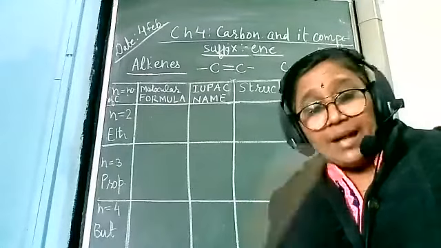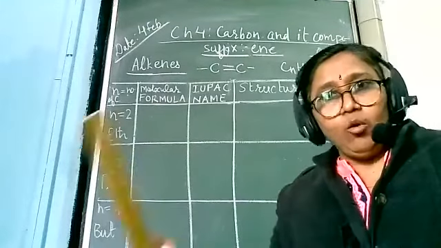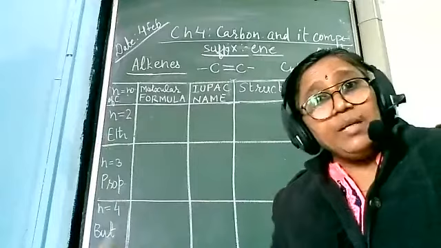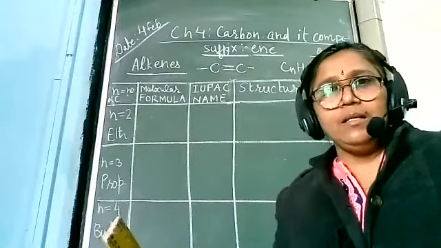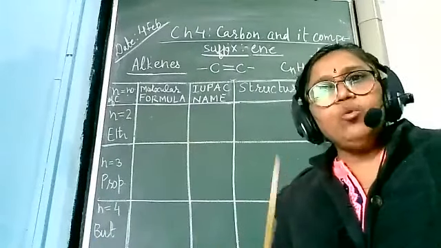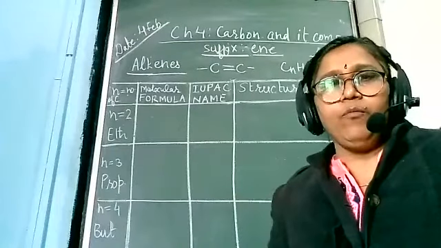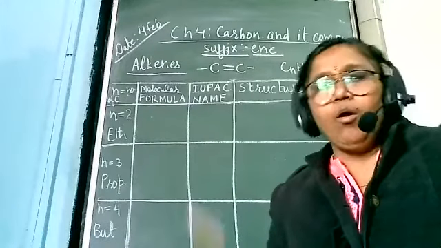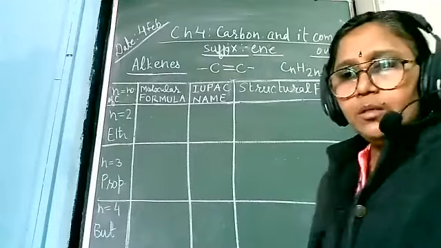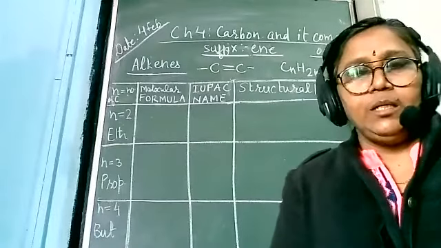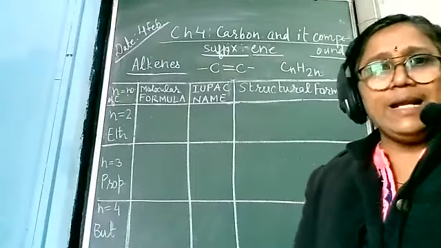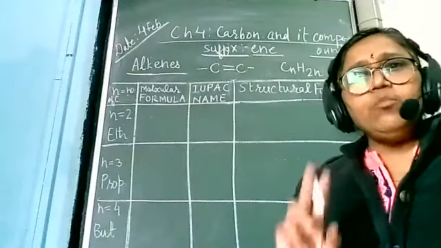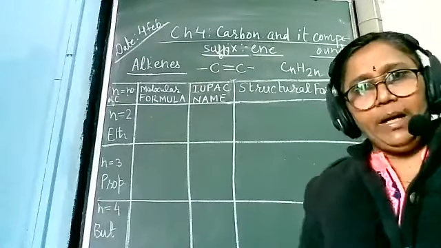Methene, please write down in capital in your notebook. Methene does not exist because minimum 2 carbons are required for forming a double bond or triple bond. Okay?